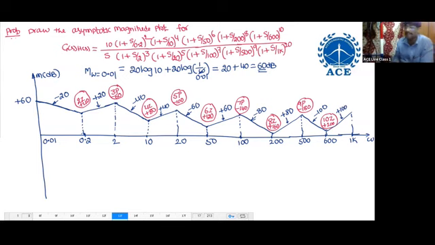Next at 1K, 20 poles. 20 poles means minus 400. Minus 400 plus 100 means minus 300. That's all. Like this, you have to draw the plot.